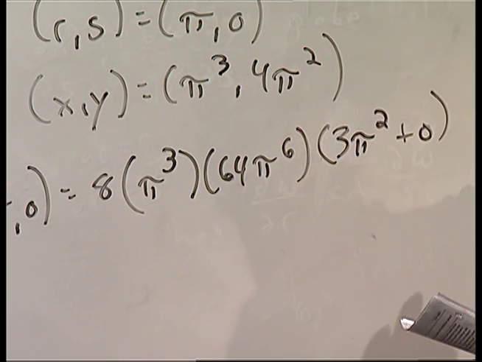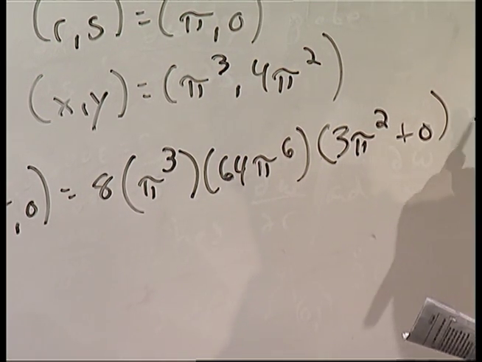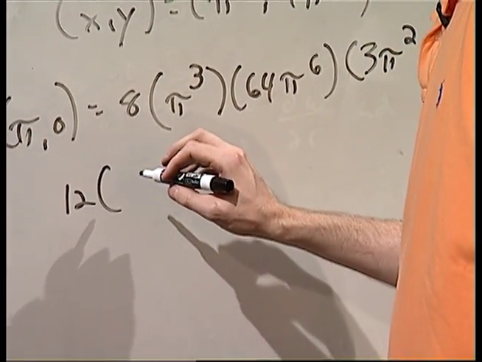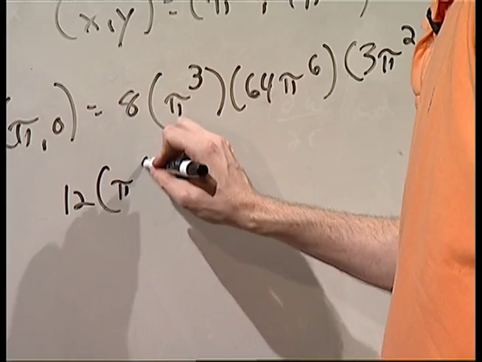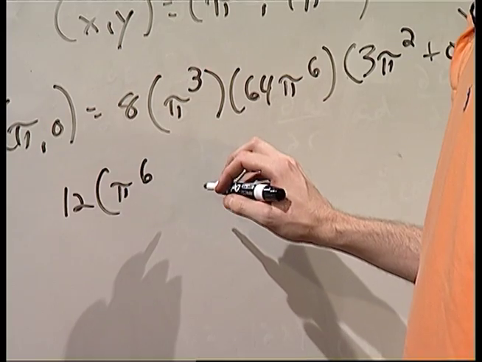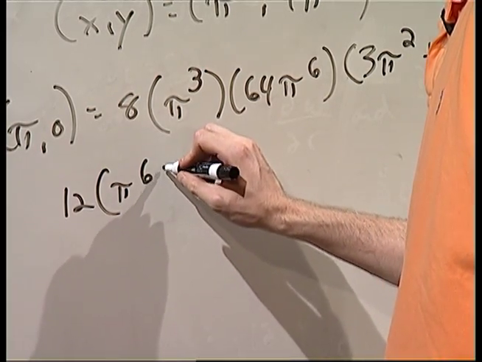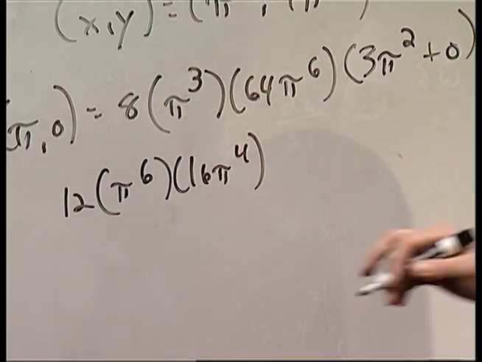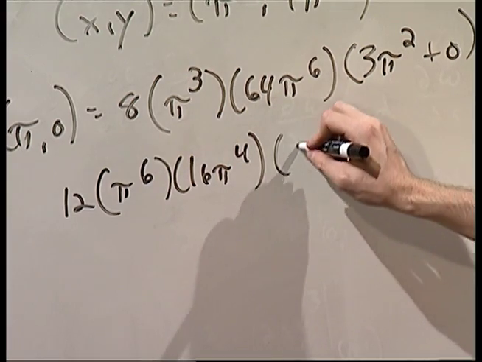I'm getting lost in my own work. Well, here we go. So we're down here, and this is 12 pi cubed squared, which is pi to the 6th. Y squared is 16 pi to the 4th. So 16 pi to the 4th. And then times 8r, which is times 8 pi.